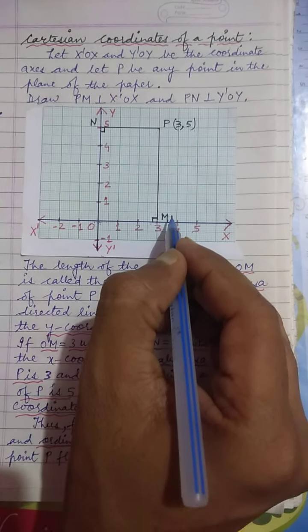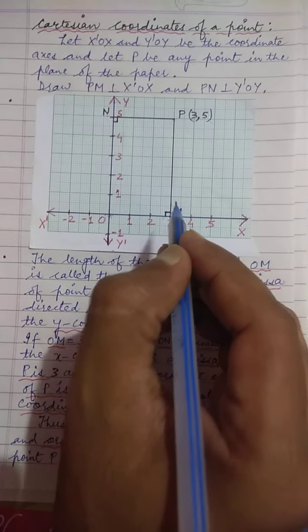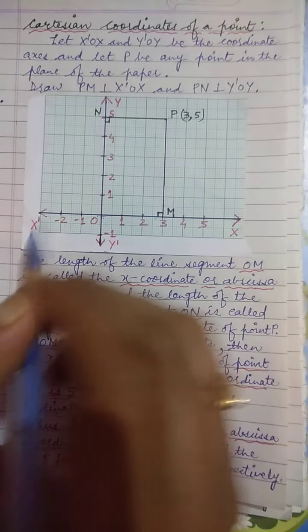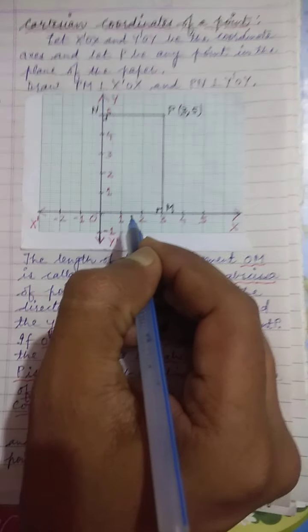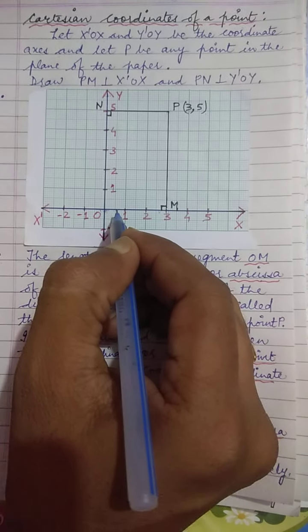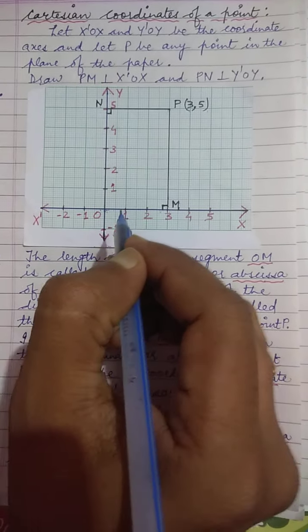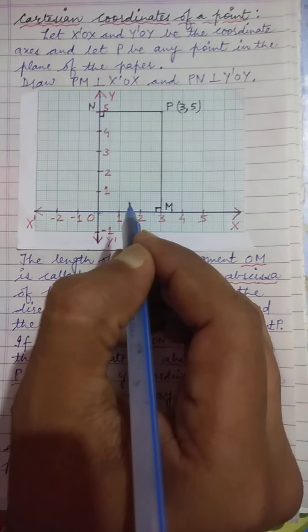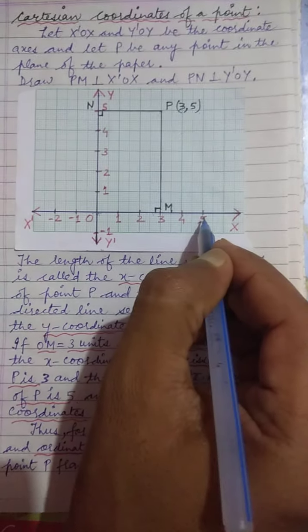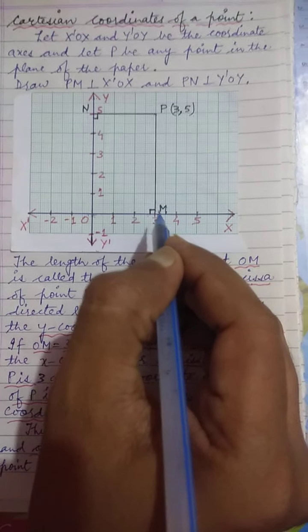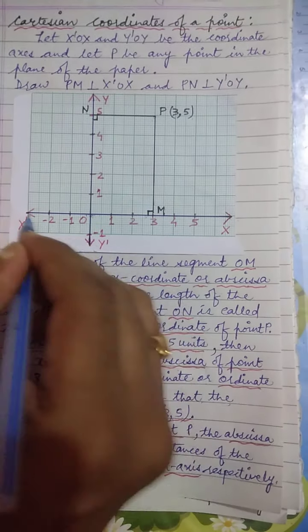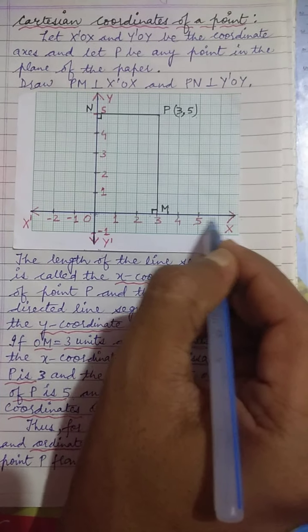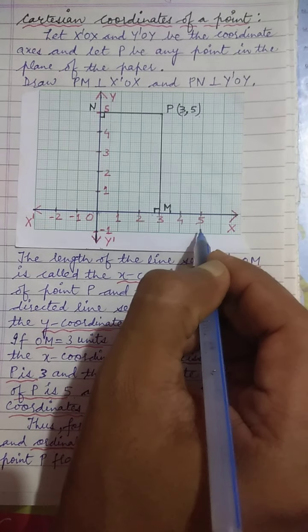Then the distance of this point from the x-axis is 0, and therefore the ordinate of this point is also 0. Thus the ordinate or y-coordinate of every point on the x-axis is 0, and the coordinates of a point on the x-axis are of the form (x, 0).